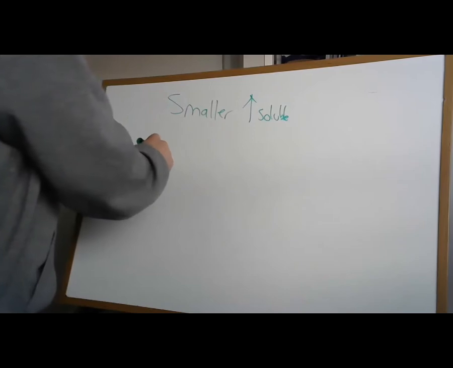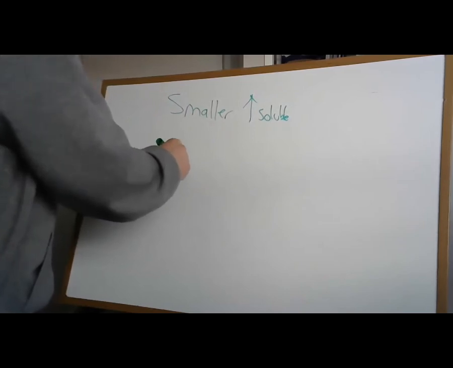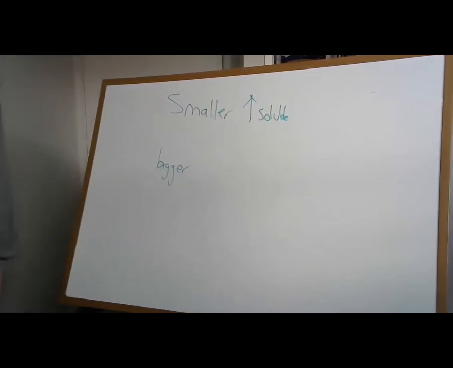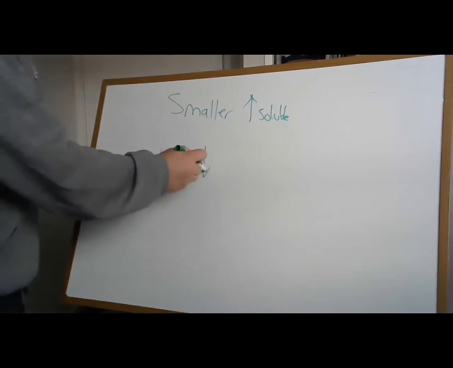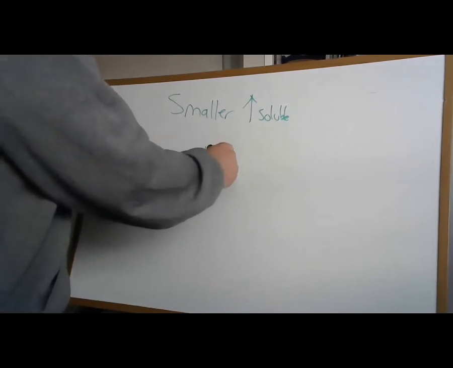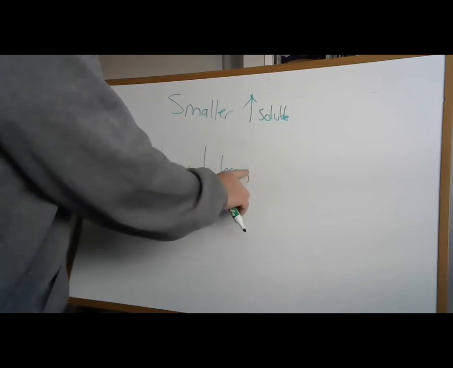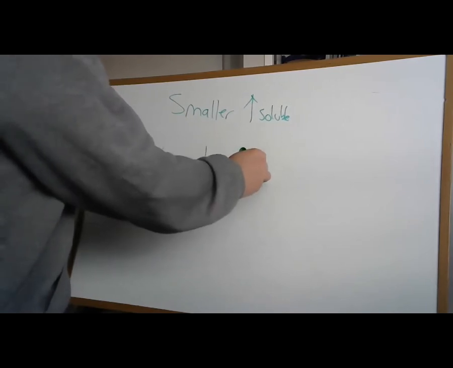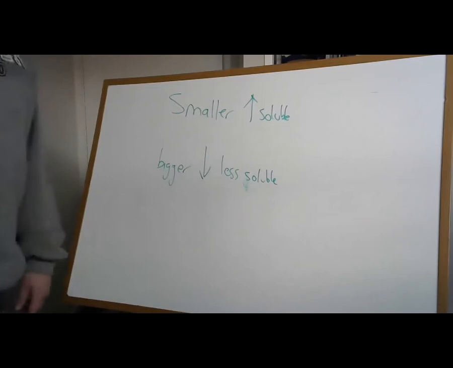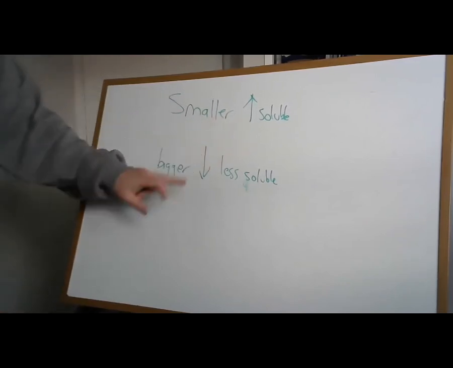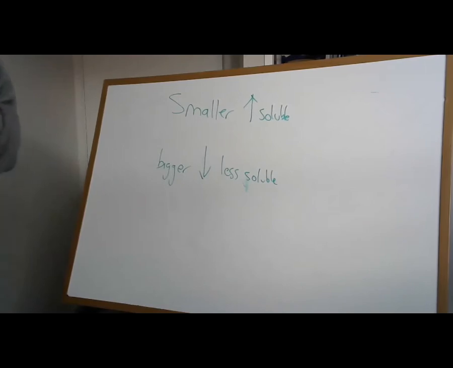The bigger ones are less soluble. So smaller aldehydes and ketones, more soluble, bigger ones, less soluble.